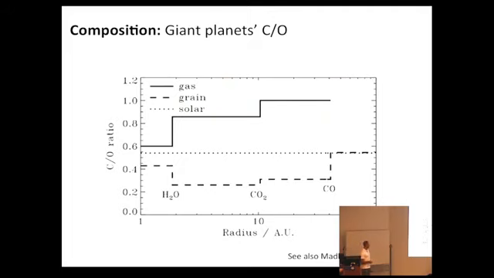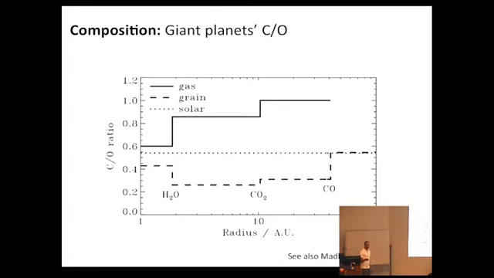This is a sort of classical figure now from a paper by Karen Oberg and collaborators, showing the partitioning of different molecules, the C to O ratios of different components in a protoplanetary disk, the gas versus grain abundances, and relating that to the radial distance from the host star in terms of the frost lines of different molecules.